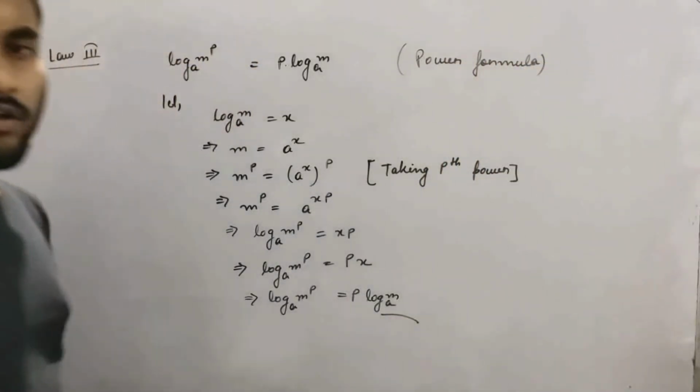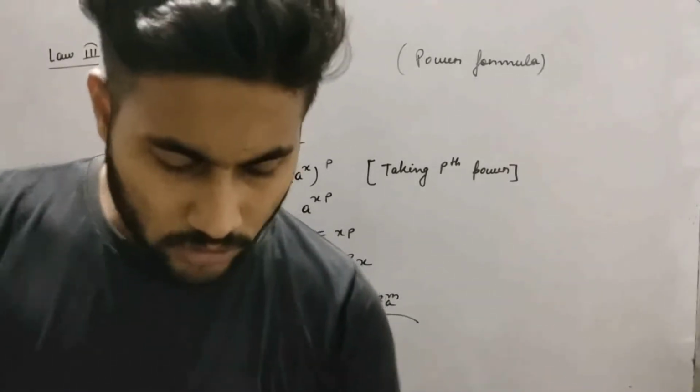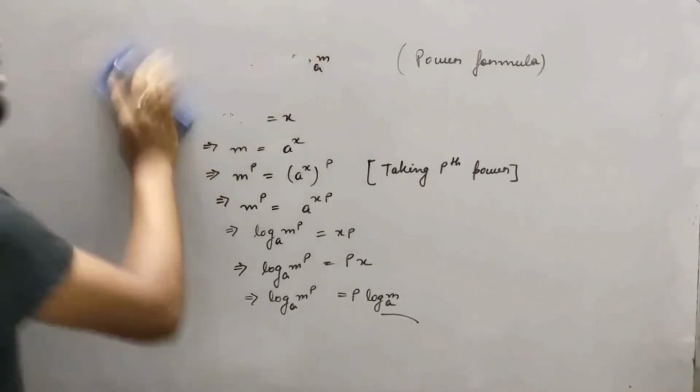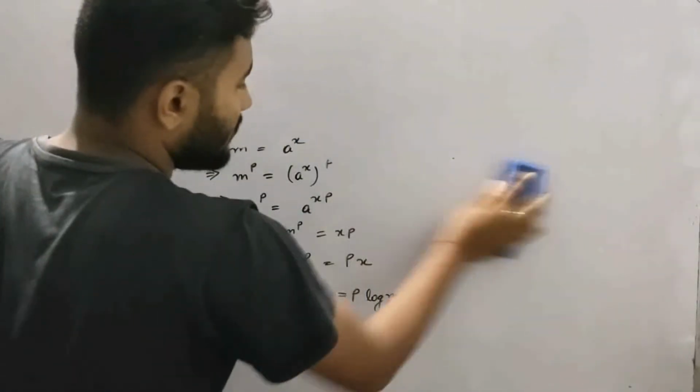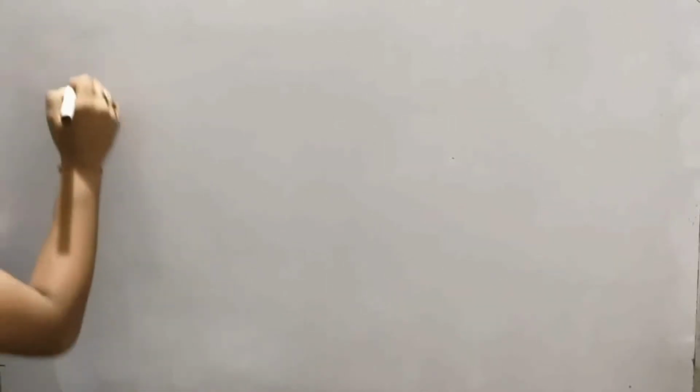What was the second law? Quotient law, or quotient formula. The fourth law is known as change of base. We call the fourth law change of base. Let me consider log b base c.